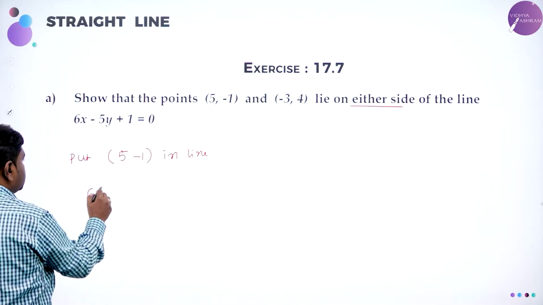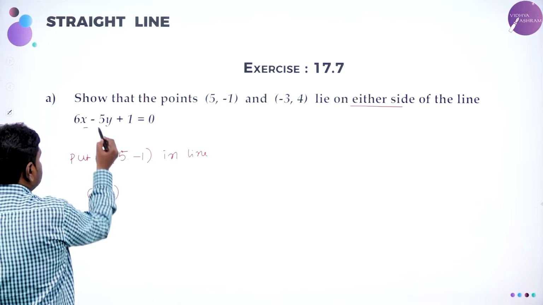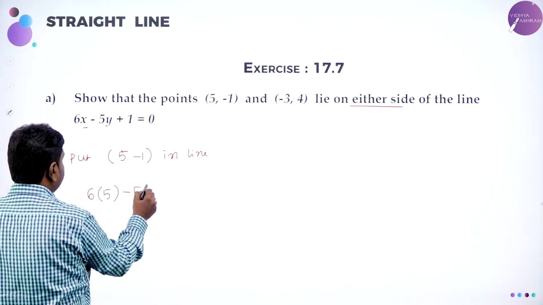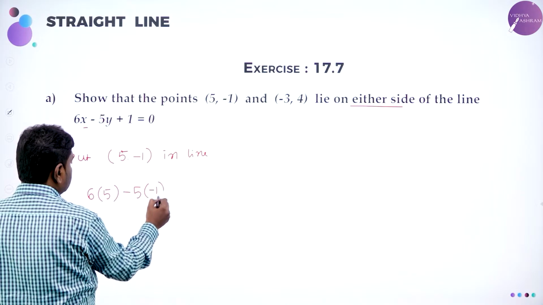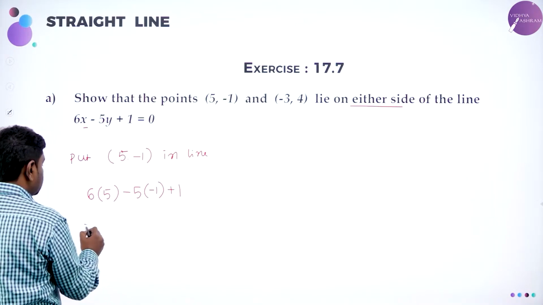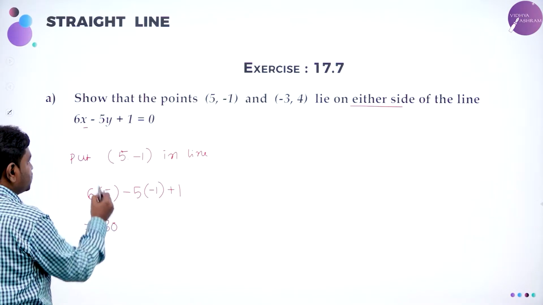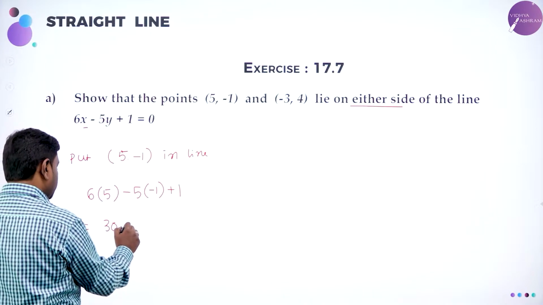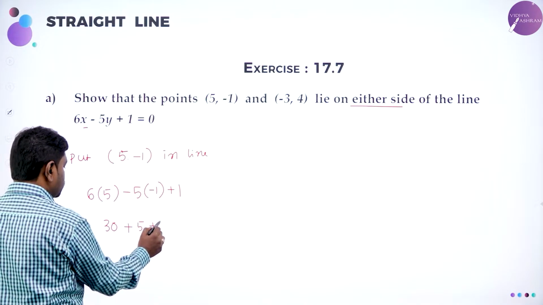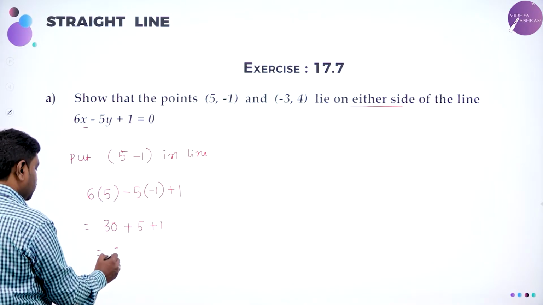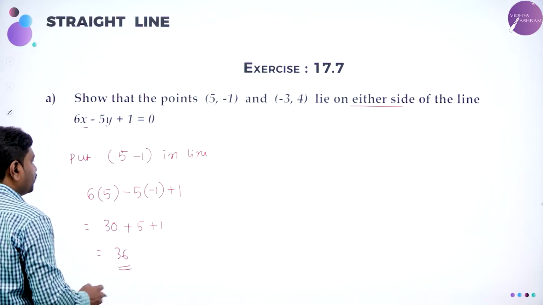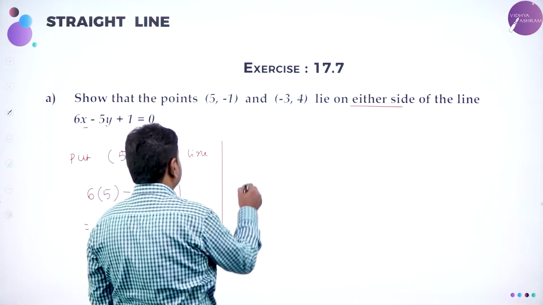Then 6 times 5 in the place of x, then -5 times -1 plus 1. 6 fives are 30. Minus into minus plus 5 plus 1. 30 plus 5, 35, 36. You got a positive number.